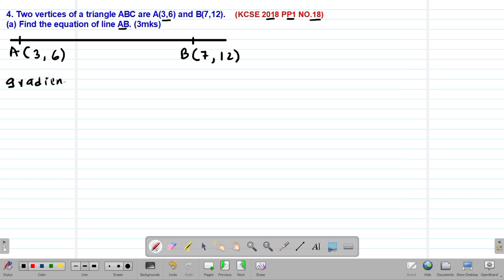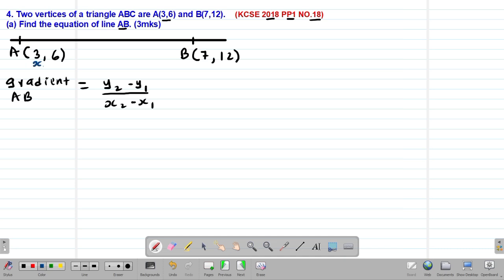The gradient of the line AB will be given by y2 minus y1, divided by x2 minus x1, or simply the change in y divided by the change in x.